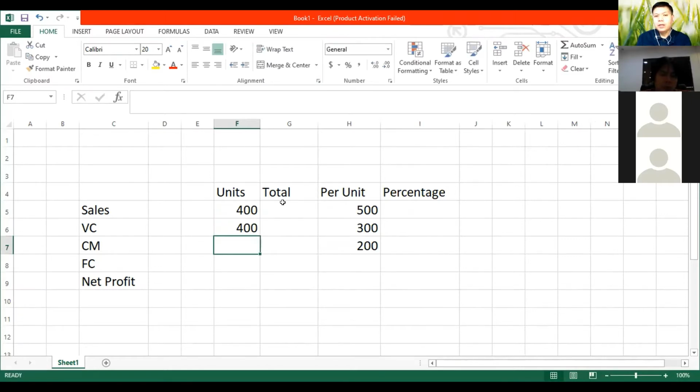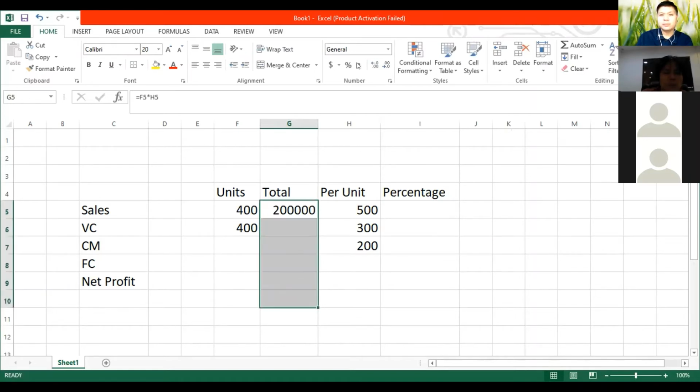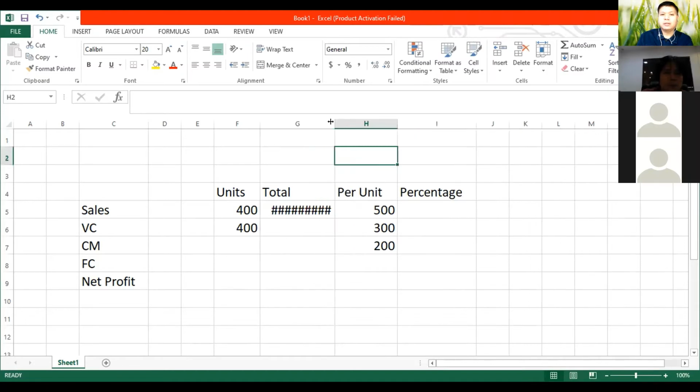Okay. Now, if this is your information, 400 times 500 is what? That's 200,000 ba? Tignan natin. Ba't hindi natin i-formula? 400 times. Ayan. So it's 200,000. And then variable cost will follow. Diba?